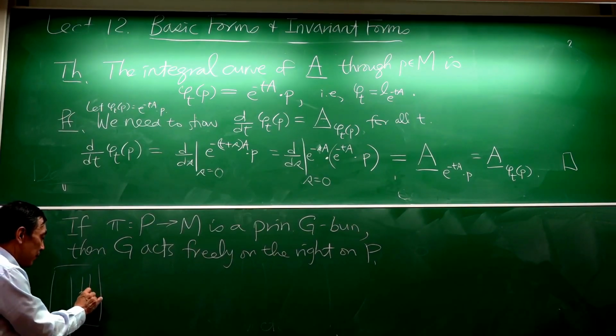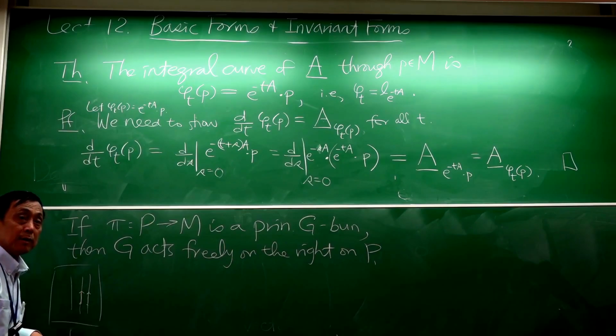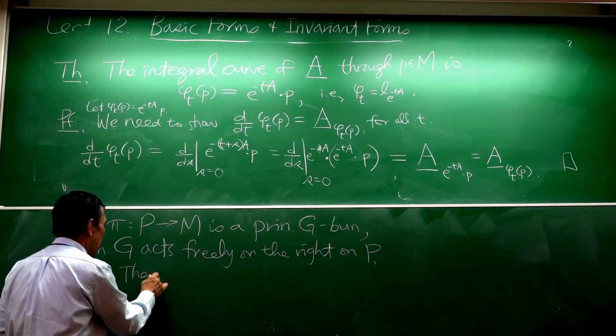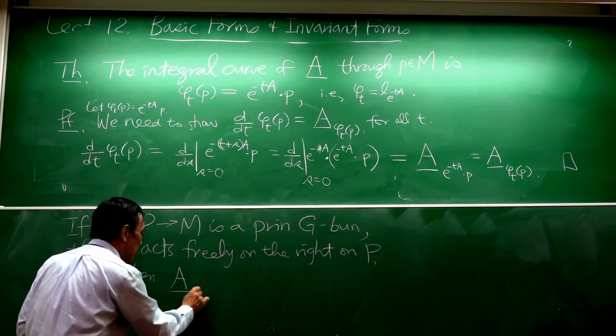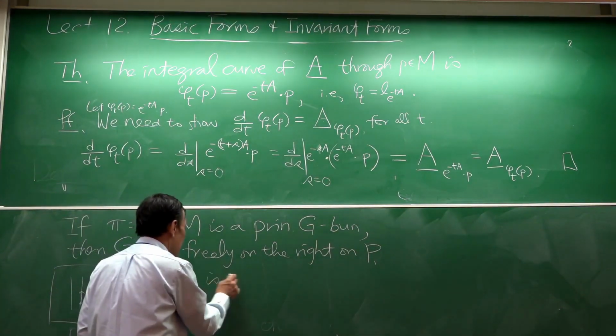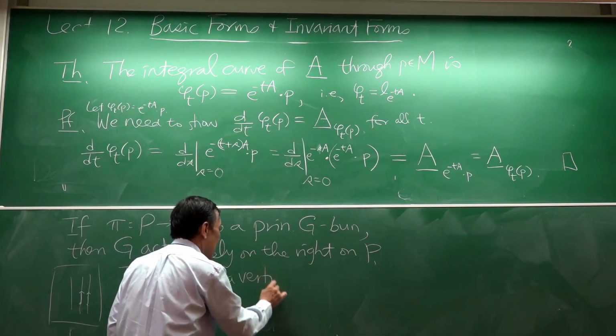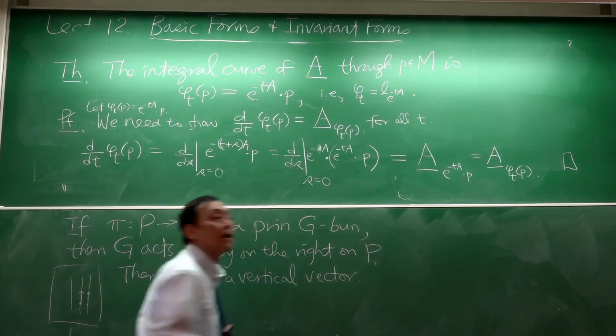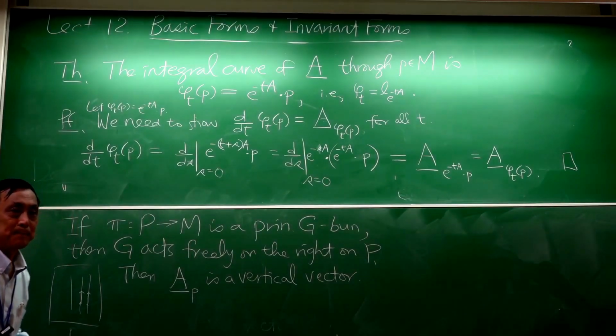So the fundamental vector field will consist of vertical vectors. And A bar p is a vertical vector.